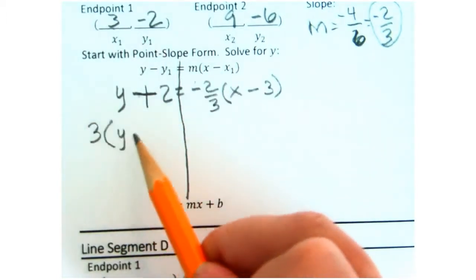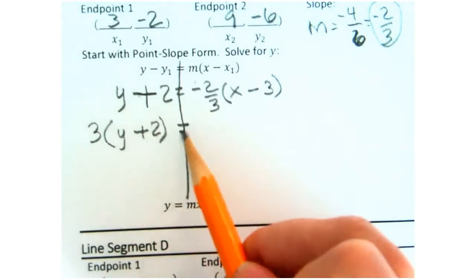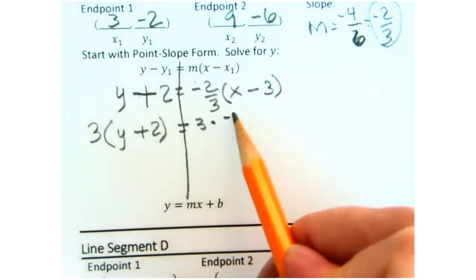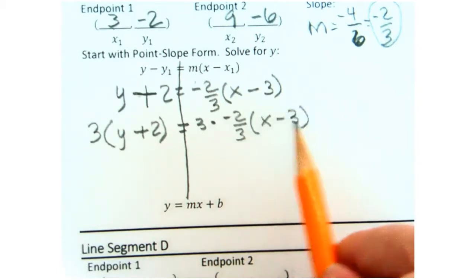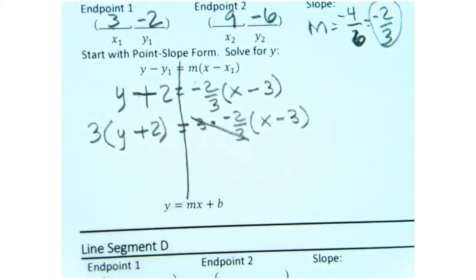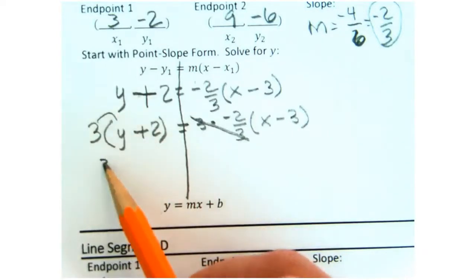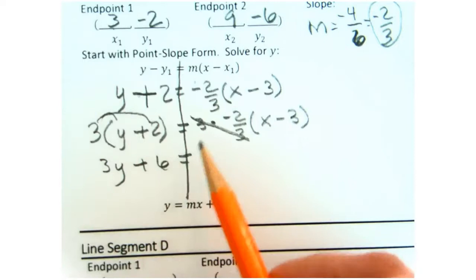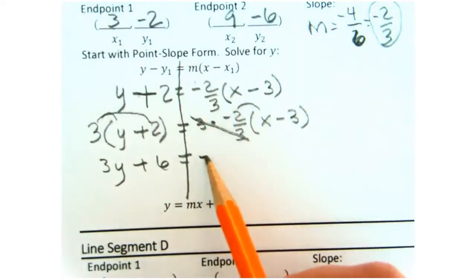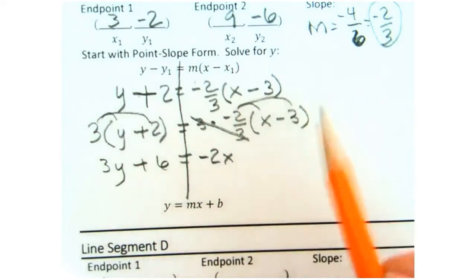Multiply both sides by the denominator 3. Cancel the 3. Now distribute. 3y plus 6 equals negative 2x plus 6.